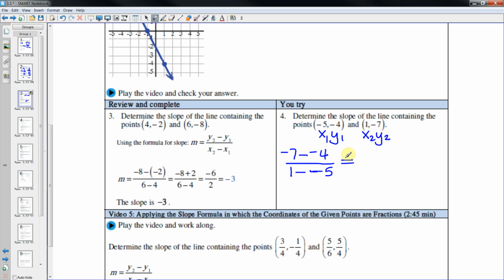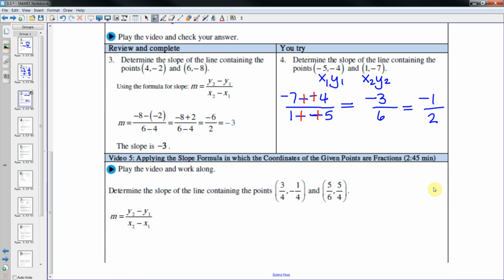So on this one, if I have negative 7 minus a minus 4, that would be plus a positive 4. 1 minus a minus 5 would be 1 plus 5. So on the top, negative 7 plus 4 would be negative 3. 1 plus 5 would be 6. And then I can reduce that fraction by 3s to negative 1 over 2.